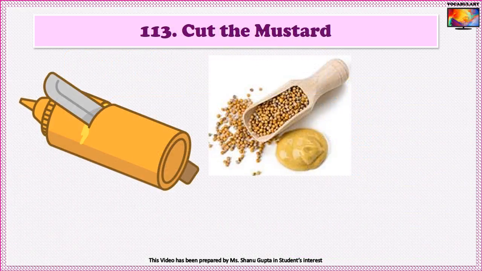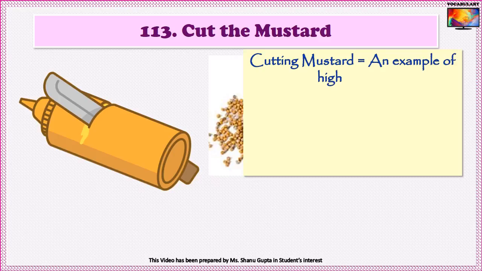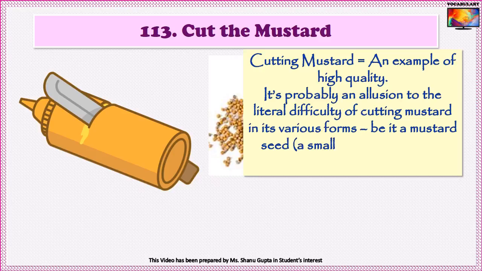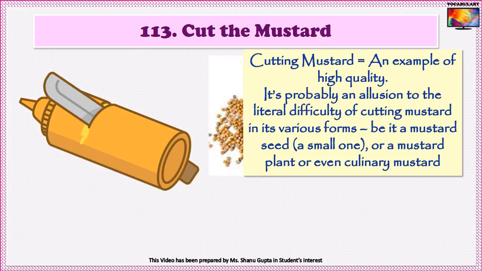Next we have the phrase, cut the mustard. In cooking, mustard is a common ingredient. It is used as a spice and we also use mustard sauce. To cut the mustard means to achieve the standard of performance necessary for success. Now, as to how cutting mustard came to stand as an example of high quality is something that requires guesswork.